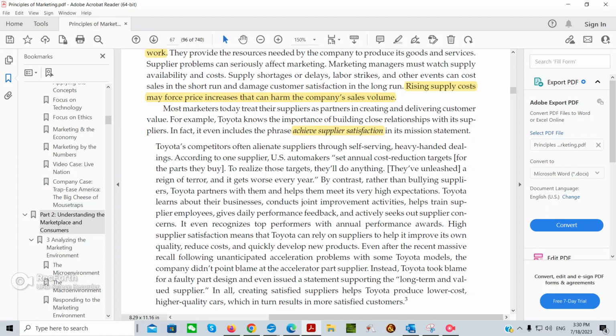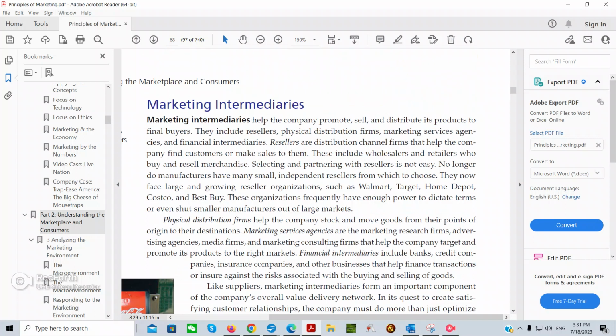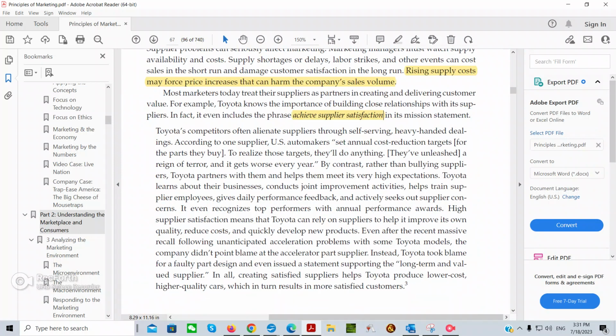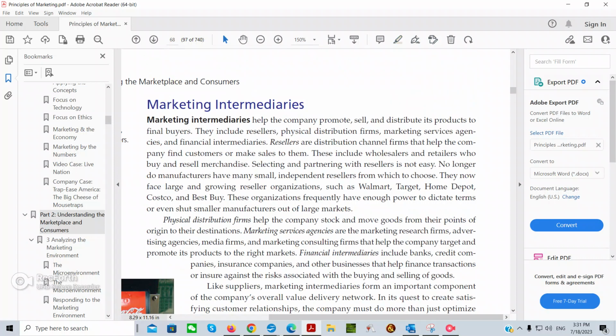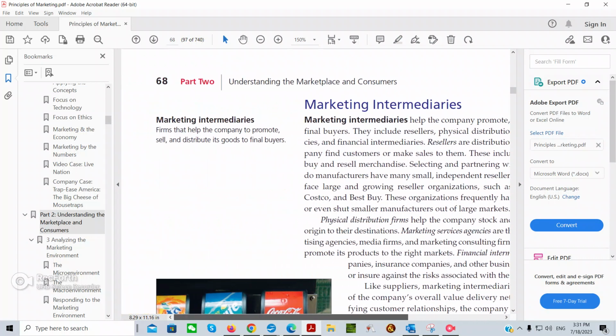And breeding satisfied suppliers helps Toyota produce lower cost, high quality cars, which in turn results in more satisfied customers. The idea is your supplier should be able to give you high quality products that will satisfy customers. So it's lower cost, higher quality cars, which in turn results in more satisfied customers.